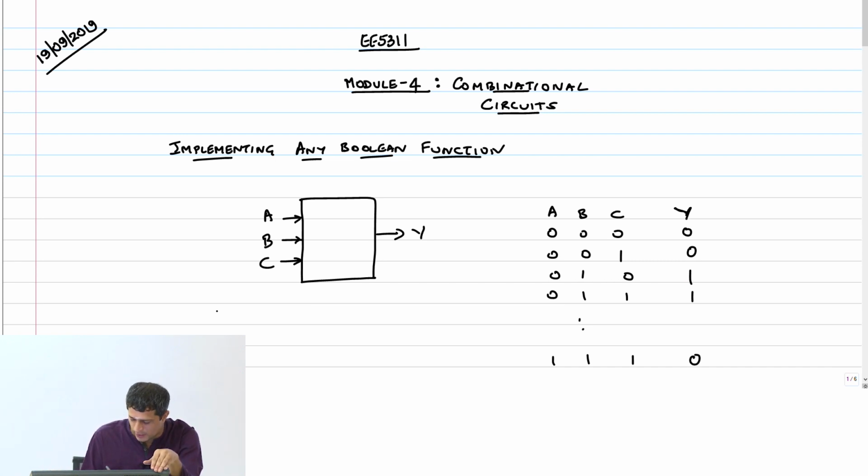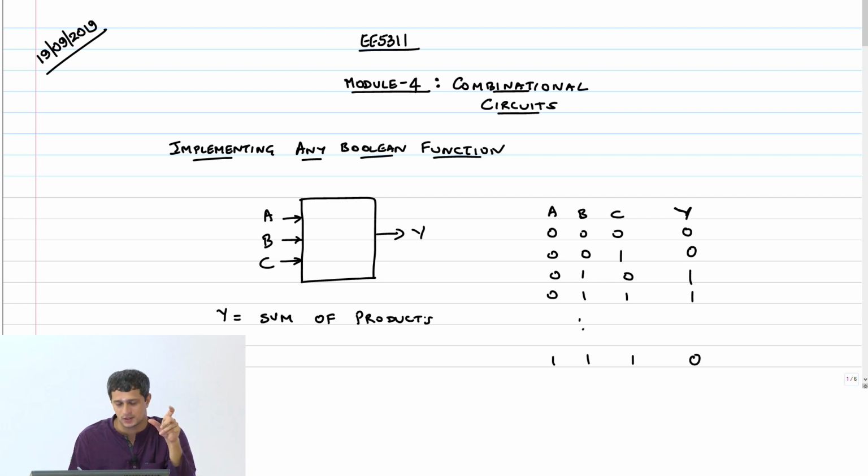So in summary, you can represent the output as a sum of products. And what is that? That's basically also known as min terms.